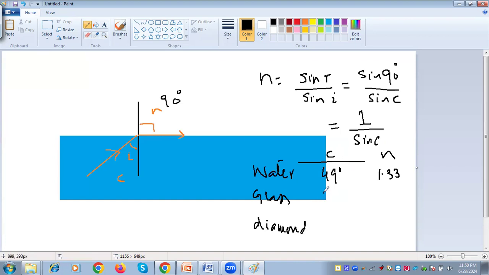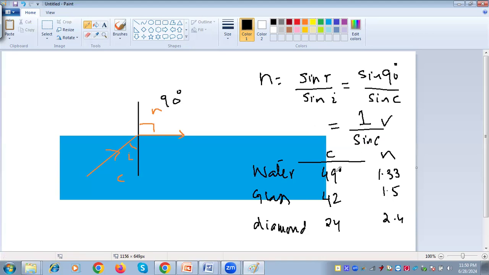Glass, 42, 1.5. Diamond, 24, 2.4. So either you can find out refractive index from this formula if critical angle is known, or if the refractive index is known, you can calculate the critical angle.